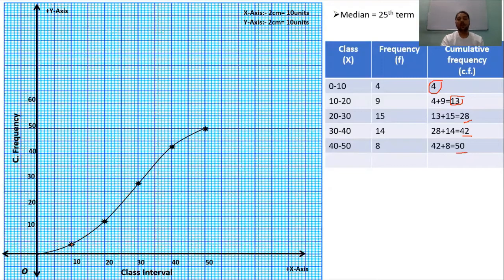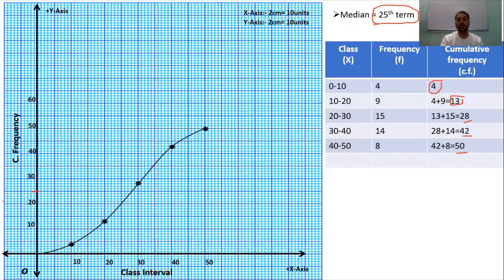After drawing this cumulative frequency curve, we have to find the value of the median. For that we check what we have found. Median is the 25th term. So along the y-axis, which is your cumulative frequency, check where 25 is. This is 20 and this is your 25.